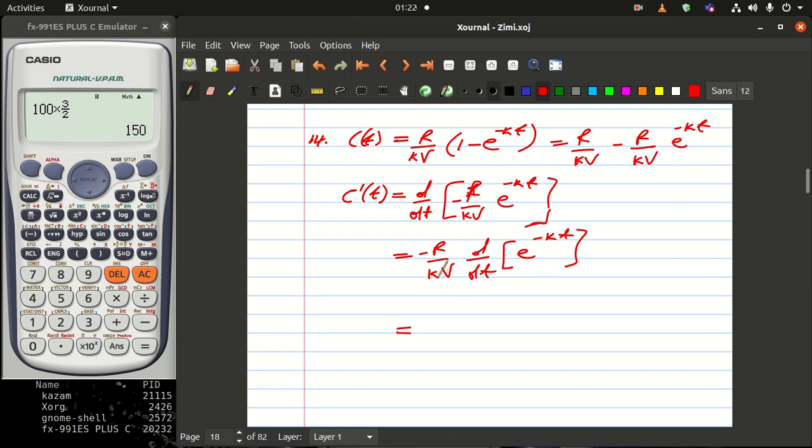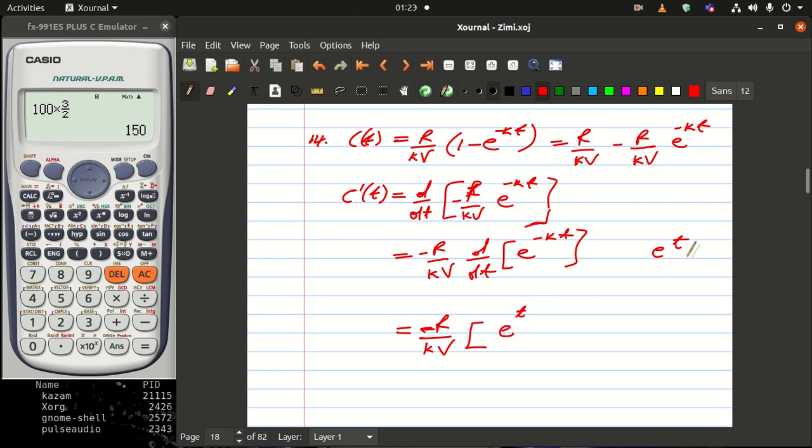Then we'll end up having minus r over kv, and inside, if we have e raised to t, the derivative is just e raised to t.